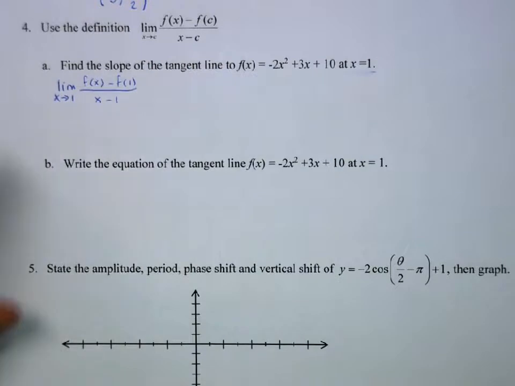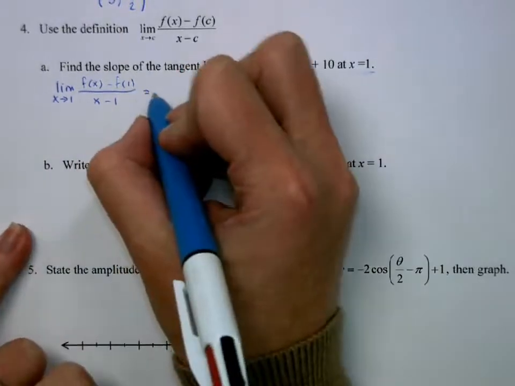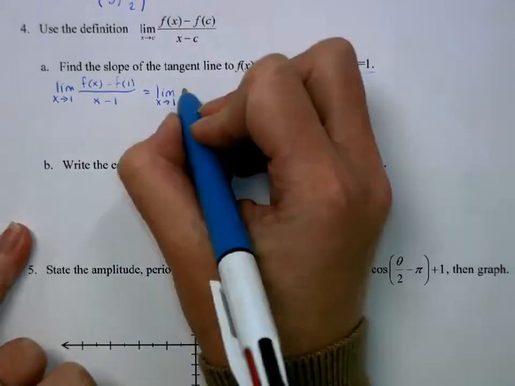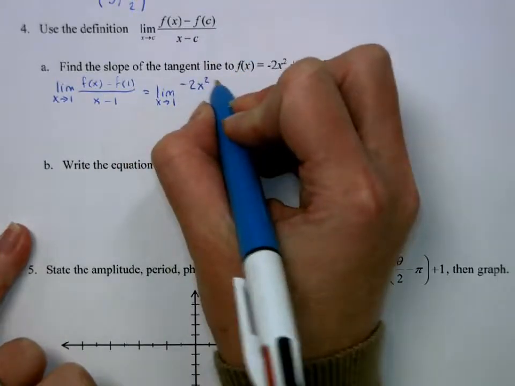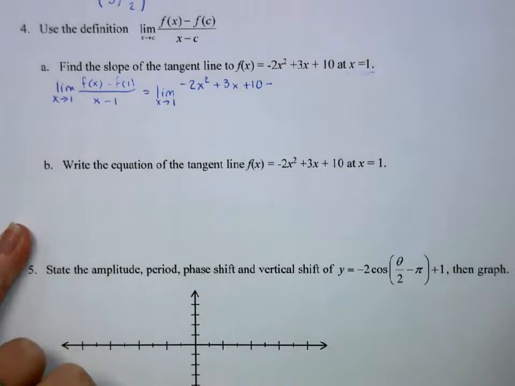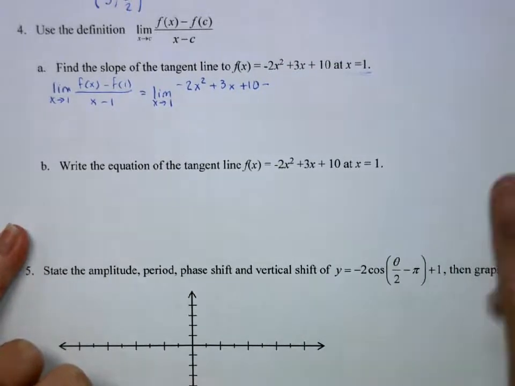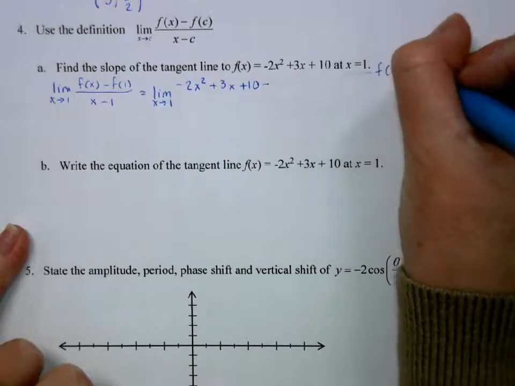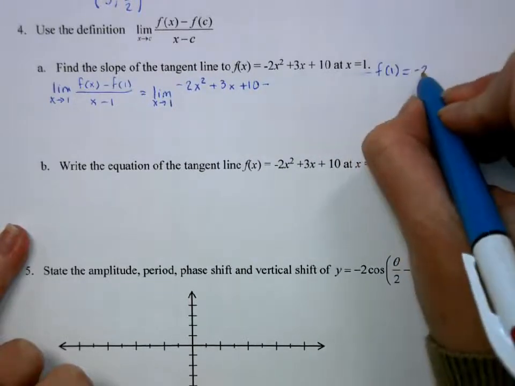Okay, well, f of x is just this, so negative 2x squared plus 3x plus 10 minus f of 1. So we need to plug 1 into our equation. So that's going to be negative 2 plus 3 plus 10.